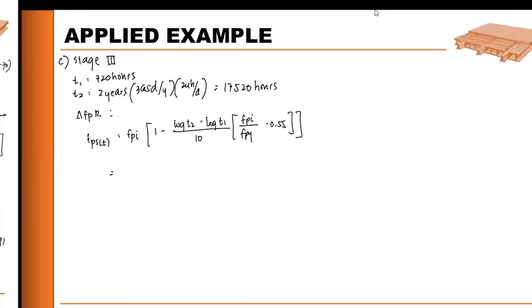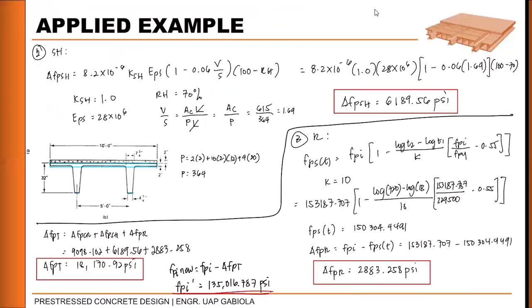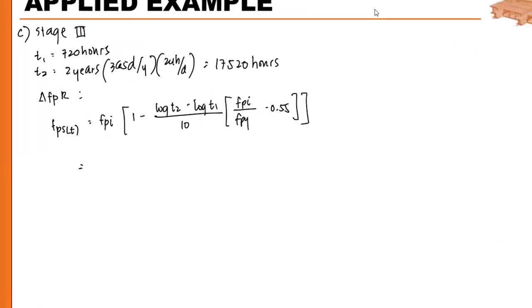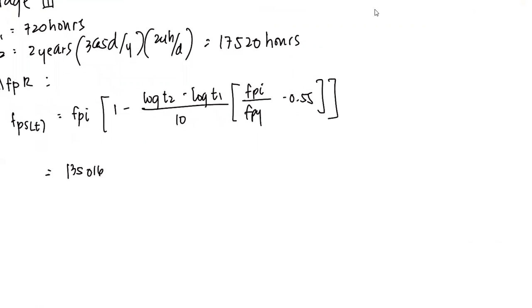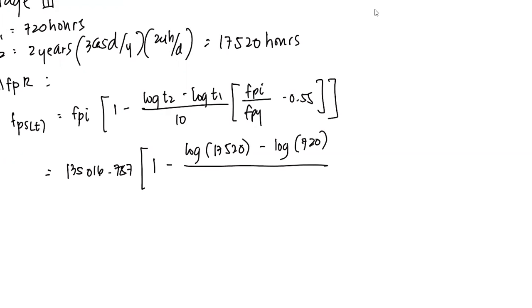FPI natin from the previous slide is 135,016.787. 1 minus log of 17,520 minus log of 720 all over 10. And multiply natin ng 135,016.787 over yung ating value nito is 229,500 minus 0.55.